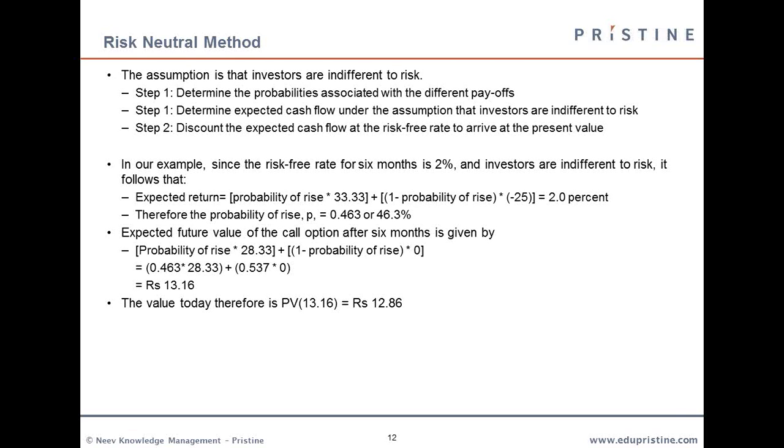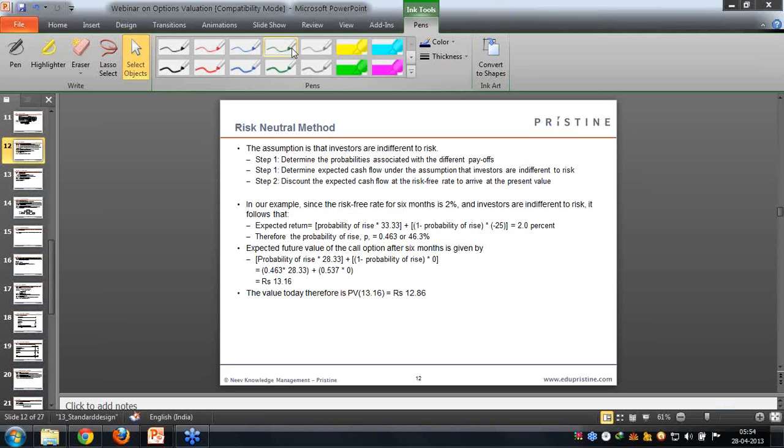They are not really caring about risk. So here the steps that we follow are, first we determine the probabilities associated with the different payoffs, and then we determine the expected cash flow, assuming that the investors are risk neutral. They don't care about the risk.